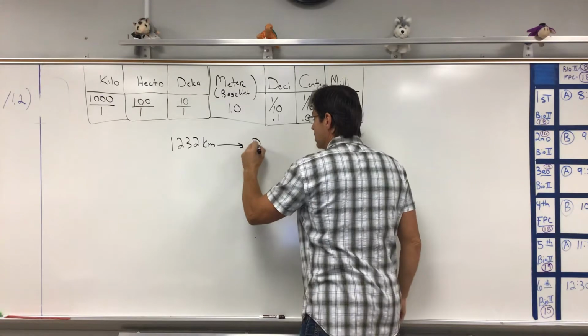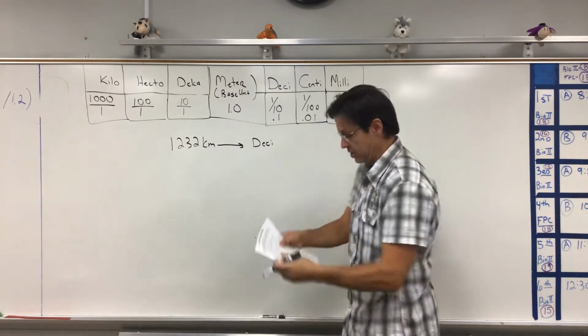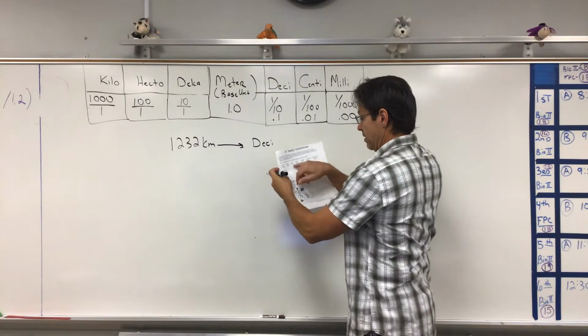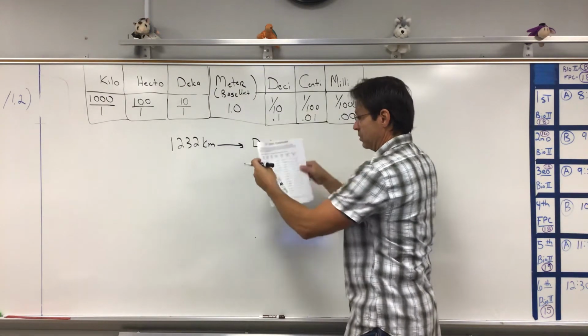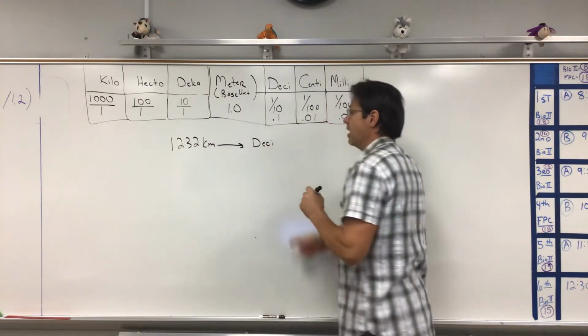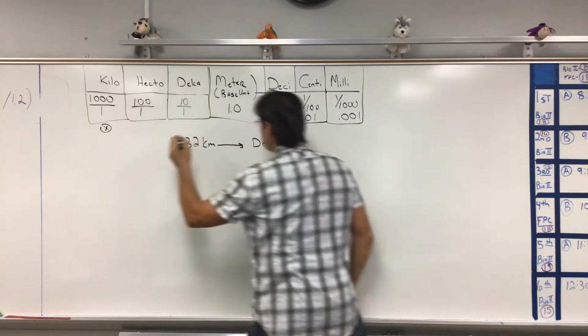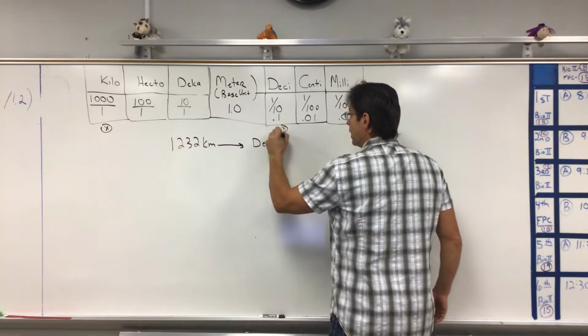Let's say I'm converting it to decimeters, or even at the top of your worksheet, it has a little scale here just like this one, all right? And I'm converting it to decimeters, all right? I'm going to have to go from this unit here, all the way to here, okay?